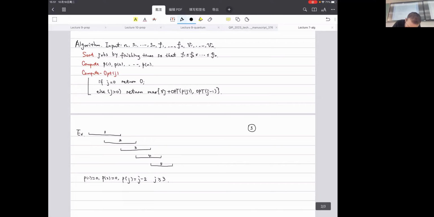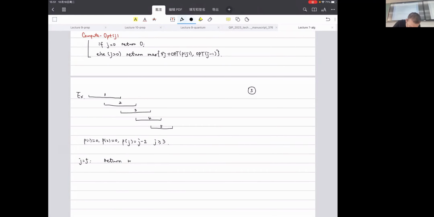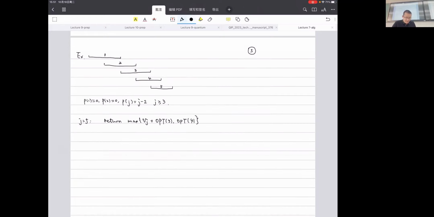For instance, consider a case where j equals 5. When j equals 5, we are going to return the maximum of Vj plus OPT of P5, where P5 equals 3, so that is OPT3, and OPT of j minus 1, which is OPT4.